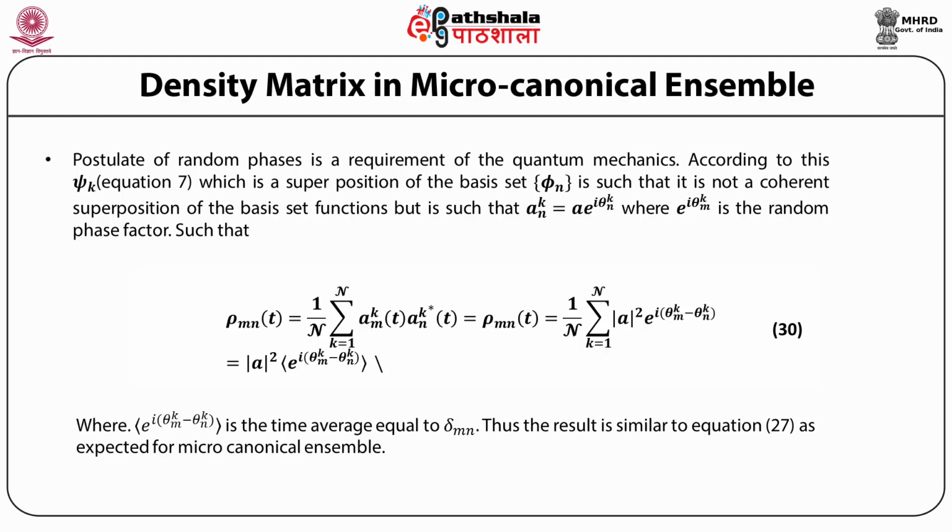Thus, the result is similar to equation 27, as expected for the microcanonical ensemble.